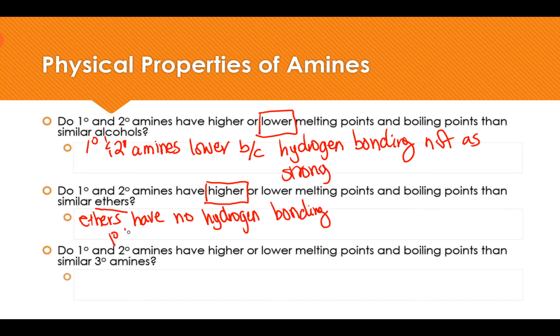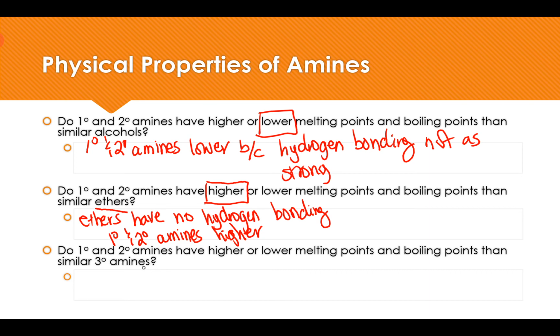So primary and secondary amines are going to be higher. This, of course, is assuming that their molecular weights are similar so that dispersion forces are not totally outranking everything.